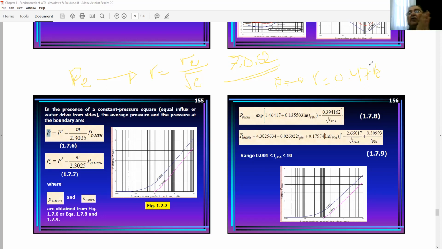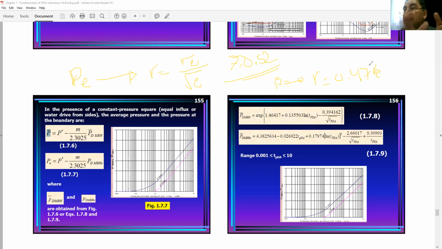So going back to the MBH, Matthews, Brons, and Hazebroek's proof: if you have a strong aquifer, and you assume that we could have constant pressure at the reservoir boundary, you are going to go with Figure 1.77. Figure 1.77 is going to give you either PDMBH-dash or PDMBHE for PE.